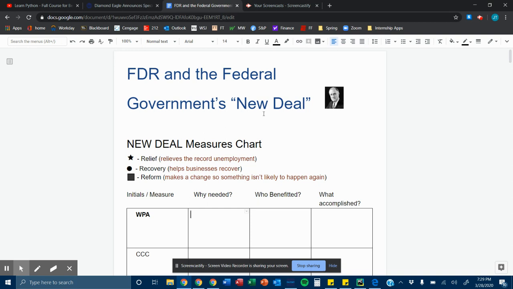Teddy Roosevelt had his square deal. Woodrow Wilson had his new freedom. And here was Franklin Roosevelt running for president at the height of the worst unemployment in history. 25% of the American workforce was unemployed.